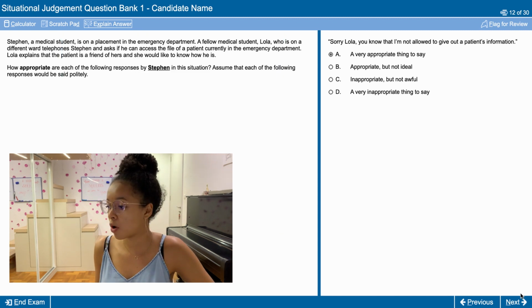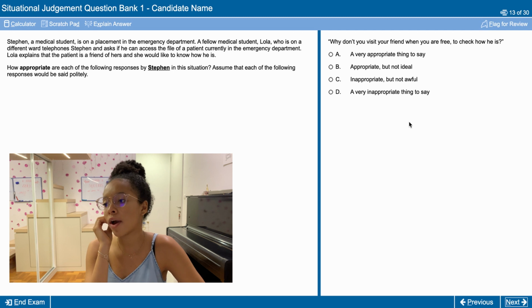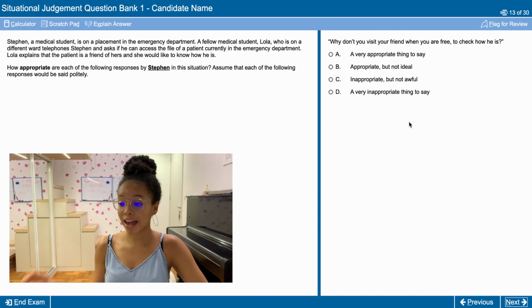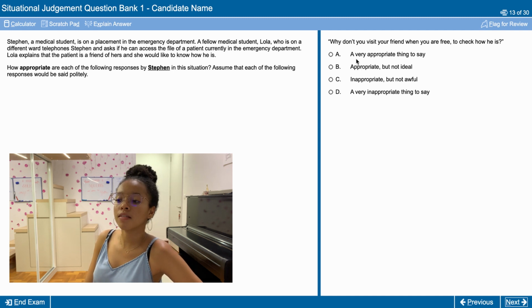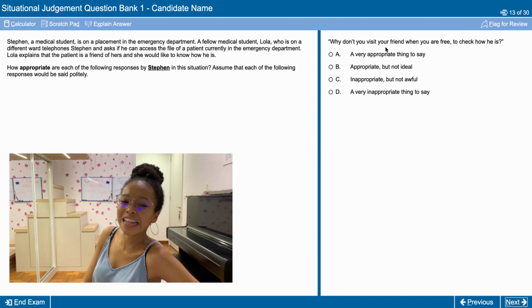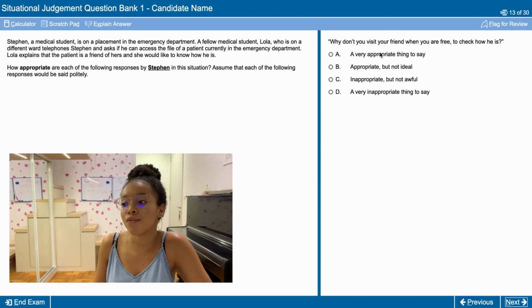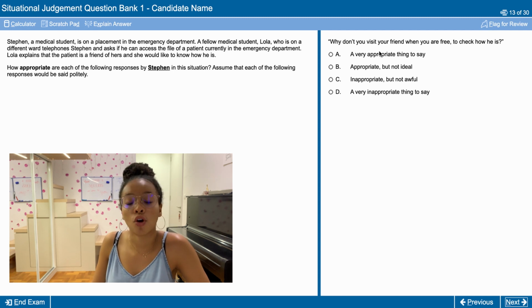The next question is, Stefan would be saying, "Why don't you visit your friend when you are free to check how he is?" I think that this would be in the appropriate category, so in A or B, because this would be kind of insinuating that he's not going to be giving out information, and that if she wants to check on her friend, she has on her own to go see her friend and ask the friend to tell her.